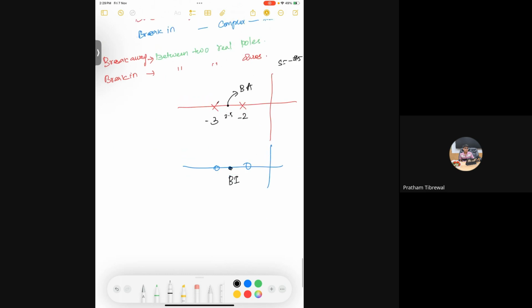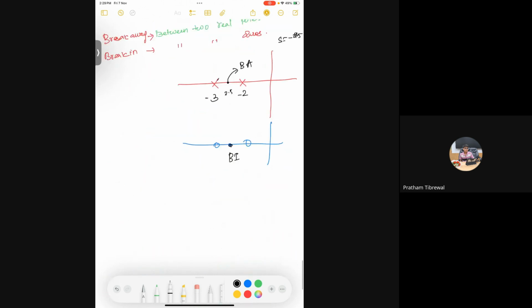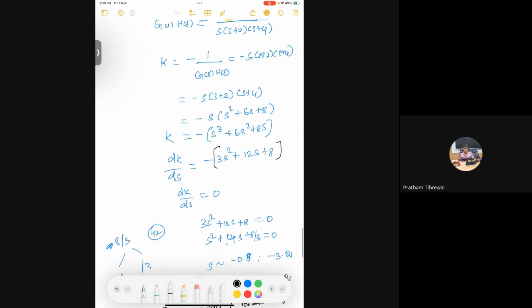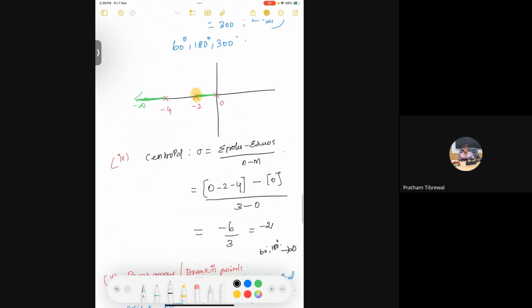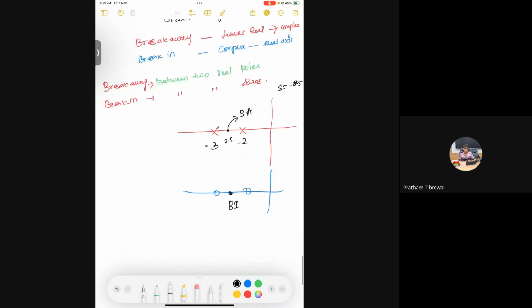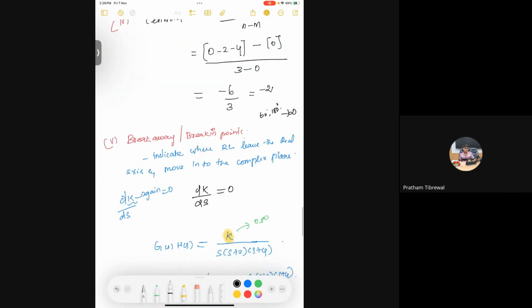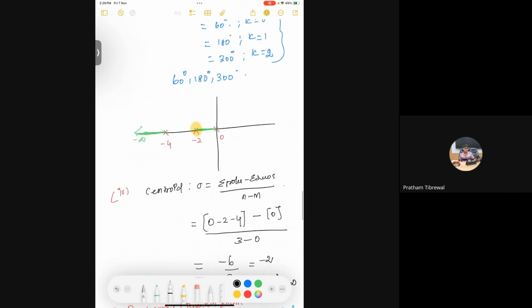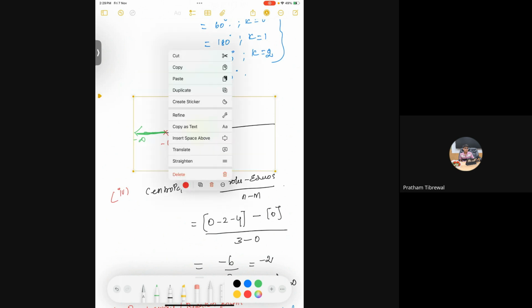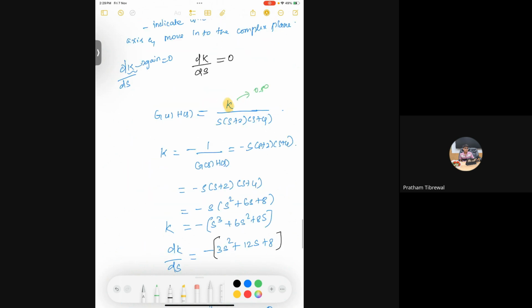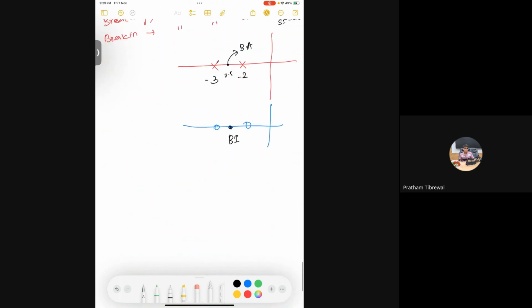So we found minus 0.8 and minus 3.2, right? So where is our root locus diagram? Here it is. I have pasted it somewhere. Okay.